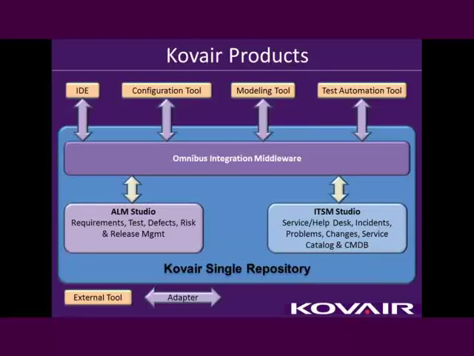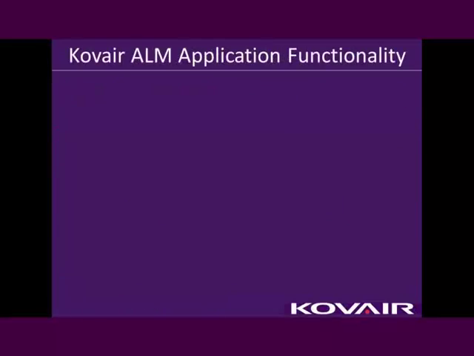As a matter of fact, our ALM Studio and Omnibus integration middleware together can give you the largest ecosystem today of all the different third-party vendor tools. Also, you can create adapters for your in-house tool to create end-to-end ALM application using various different tools.